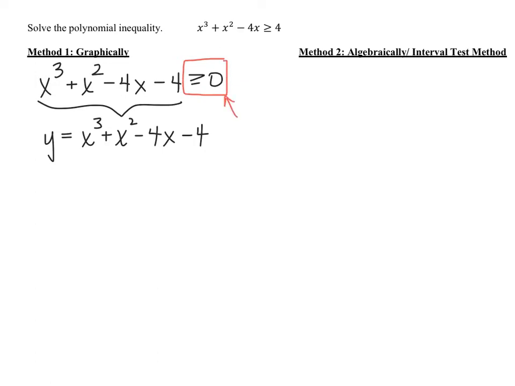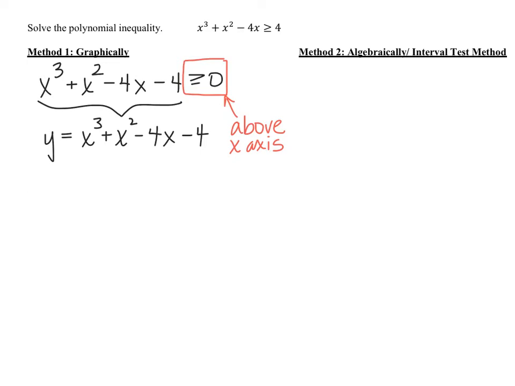On the graph, that's going to be the portion, or portions, if there's more than one, of the graph that is above the x-axis. So we're taking a graphical approach using our knowledge of what the graphs look like for polynomial functions, and then using the graph to help us basically solve this inequality.